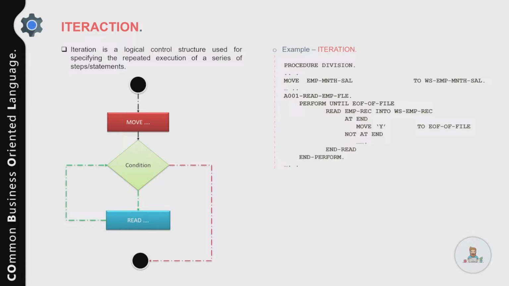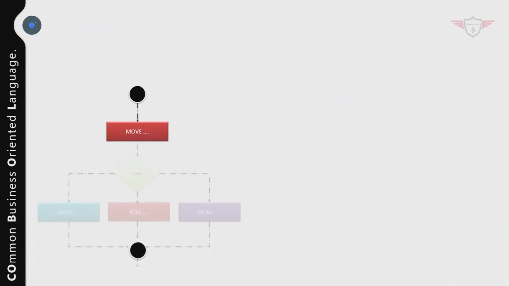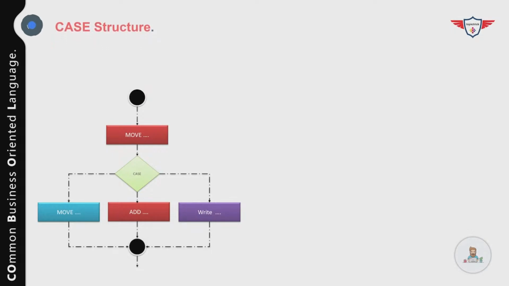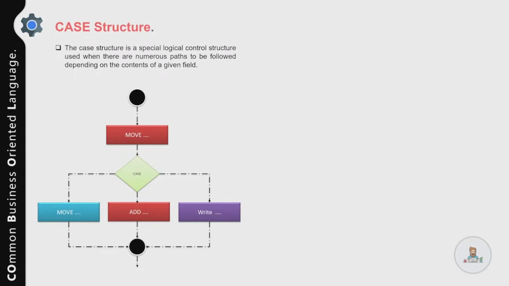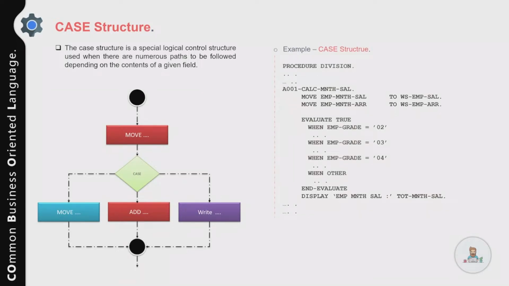Now let's talk about our last logical control structure, that is the case structure. So the case structure is a special logical control structure, and it is used when there are multiple paths to be followed depending on the content of a field or a variable. So in the following diagram, the first move statement will be executed because there is no specific condition specified on it.